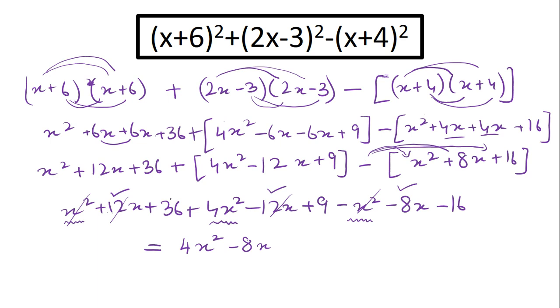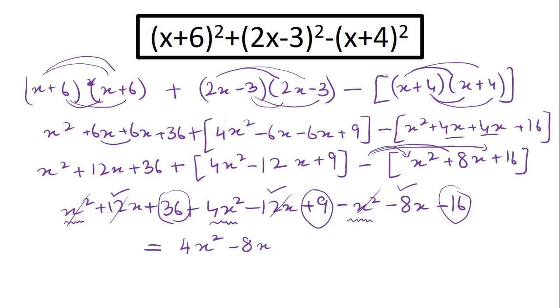Then the last part, now do I have a like term to 36? Yes, I do. I have 36 and the 9 and the 16. So I have 36 plus 9 minus 16. That gives me 29. 36 plus 9 gives me 45, and then 45 minus 16 gives me 29.